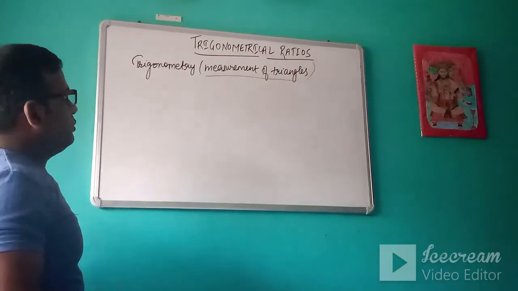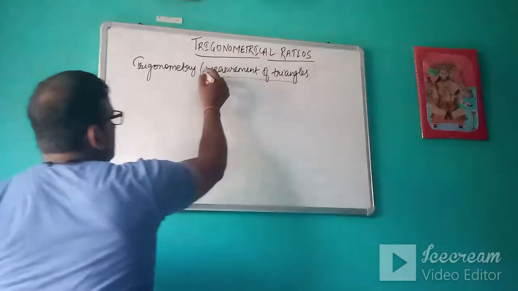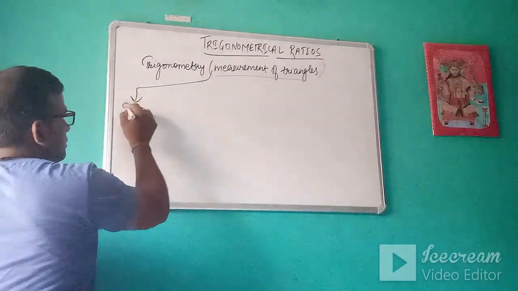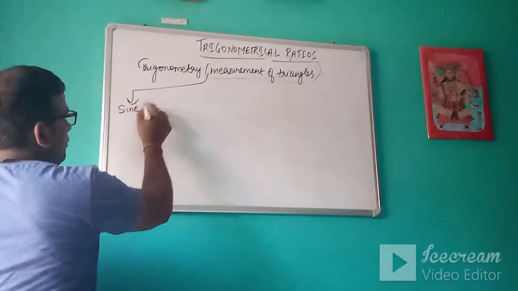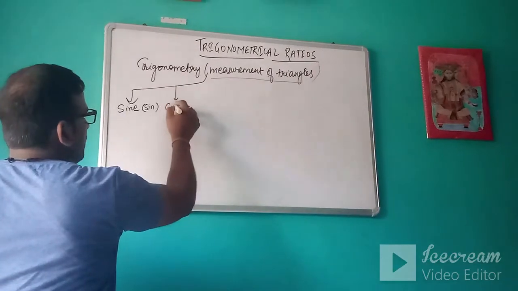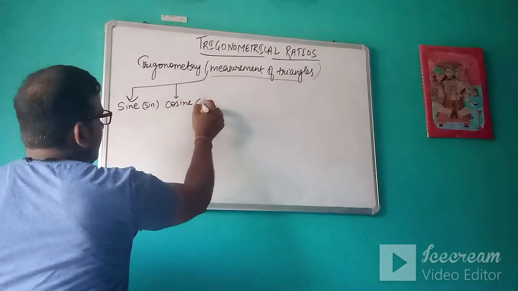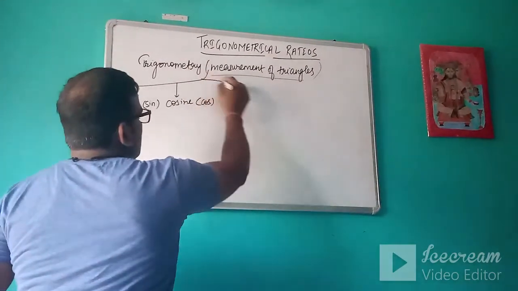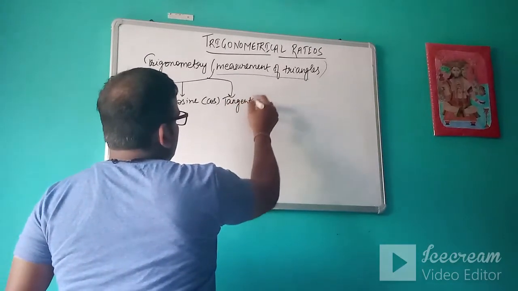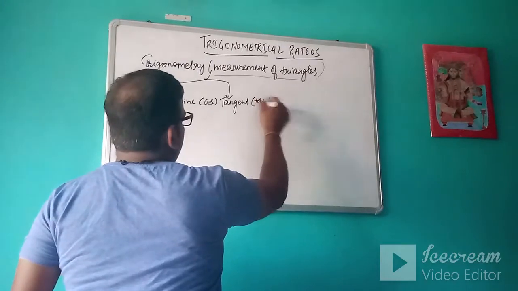So starting with trigonometry, there are in total 6 trigonometric ratios. First is sine, in short we will write sin. Then next is cosine, in short we write it as cos. Then tangent, in short we write it as tan.